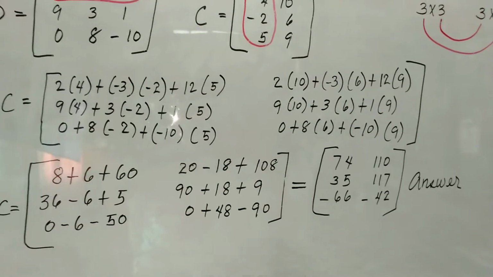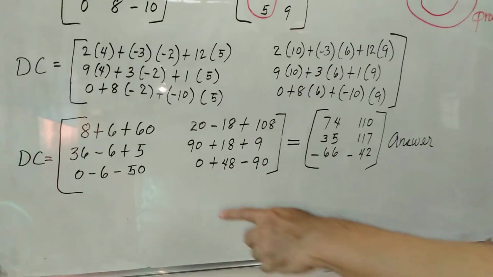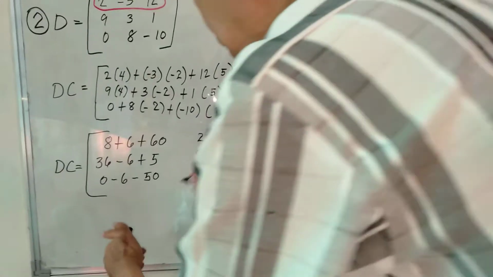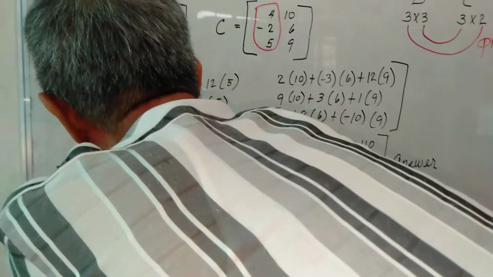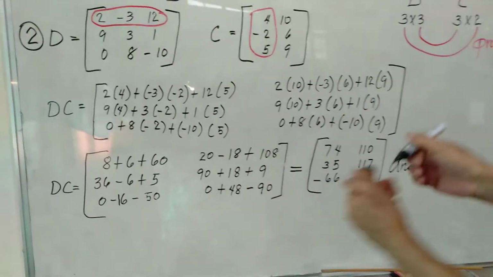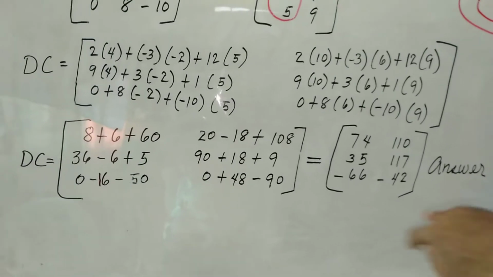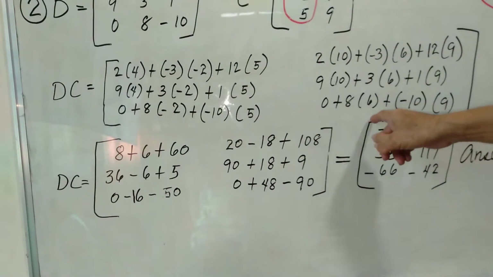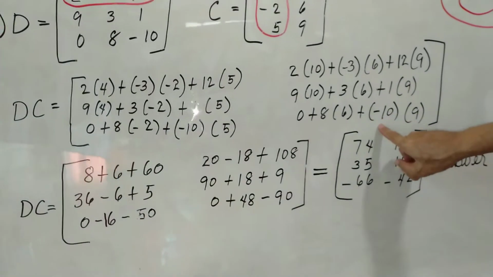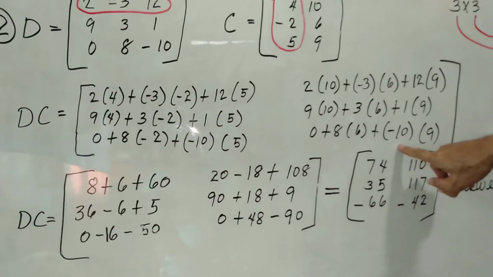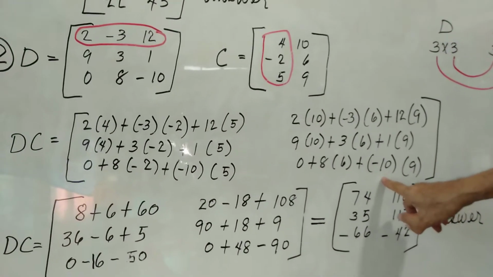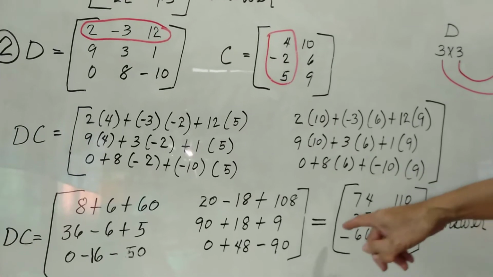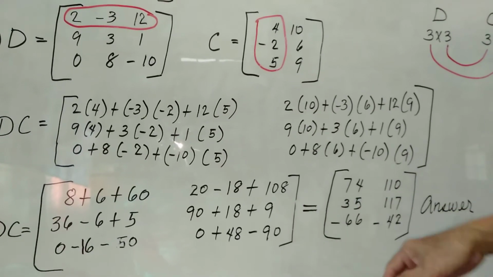And negative 10 times 5 is negative 50. Then 0 times 10 is 0, 8 times 6 is 48, and negative 10 times 9 is negative 90.